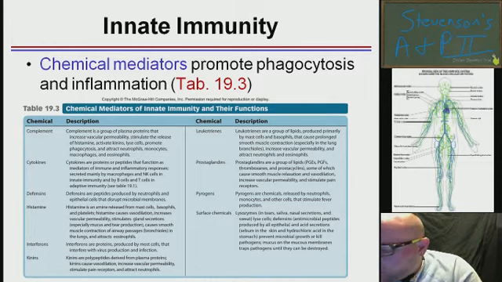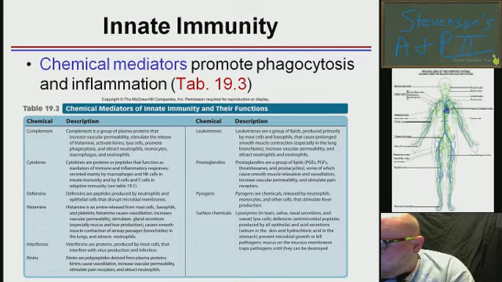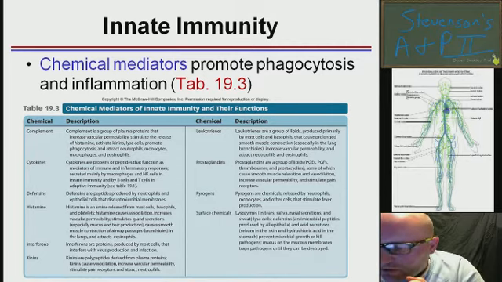Okay, then you have cytokines. Cytokines are proteins or peptides that function as mediators of immune and inflammatory responses, and they're secreted by macrophages and NK or natural killer cells in innate immunity and by B cells and T cells in adaptive immunity. Then you have the defensins.